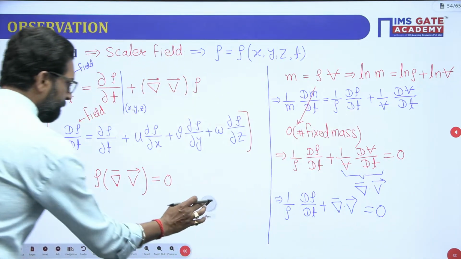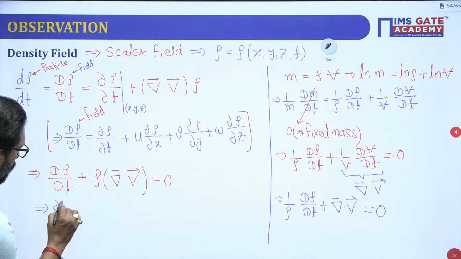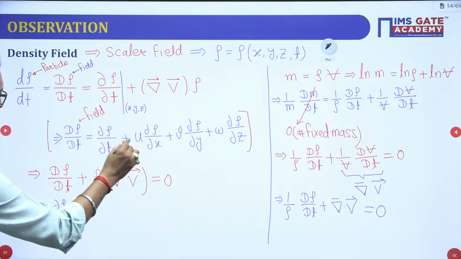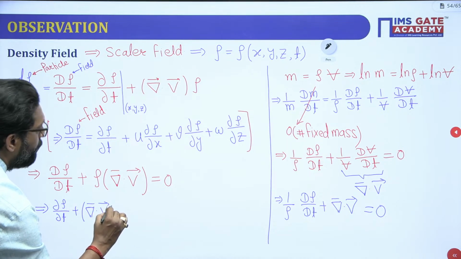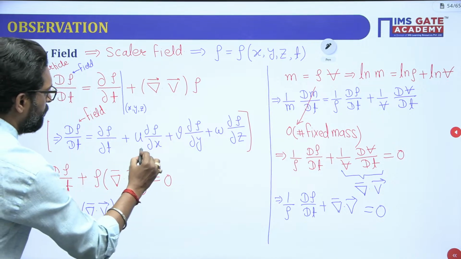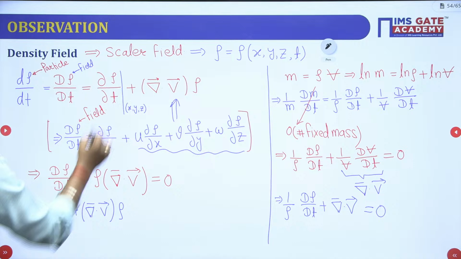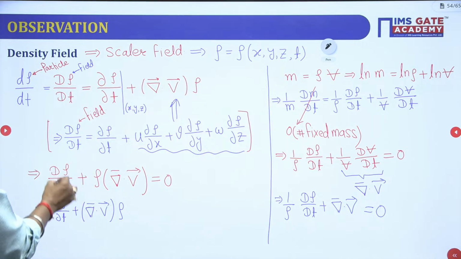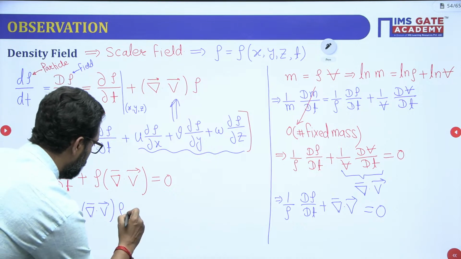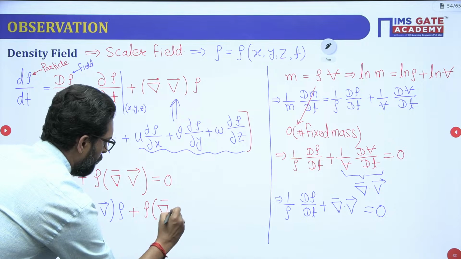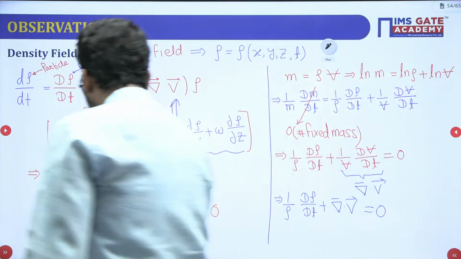Put the value back here. The capital D rho by Dt is the small d, dou rho by dou t, plus this term. So dou rho by dou t plus V dot del rho, plus rho del dot V, is equal to 0. Clear?